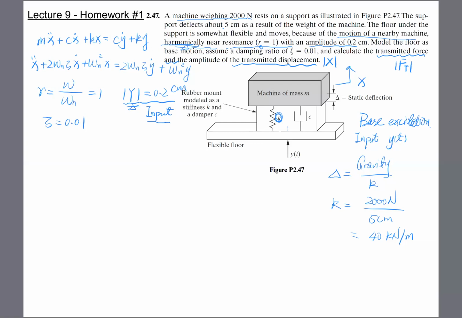So there are several things you can do. First of all, your transmitted force over Y. We already have the transfer function, right? If you go back to your notes, you can find this transfer function.